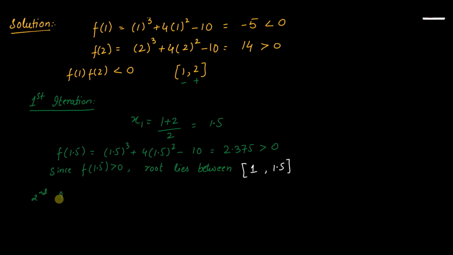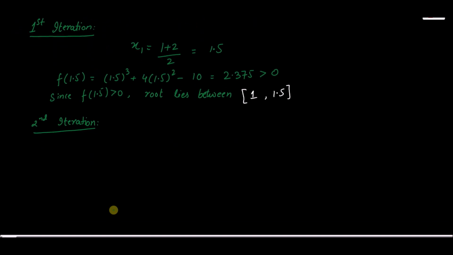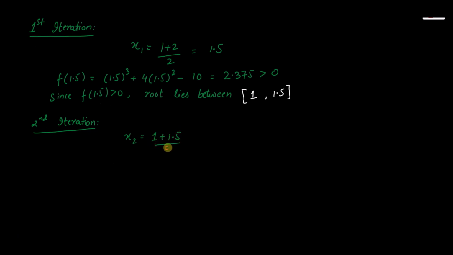Second iteration: now we find our second approximate root with the help of the first one. So x2 is equal to (1 plus 1.5) divided by 2, so the answer is 1.25.